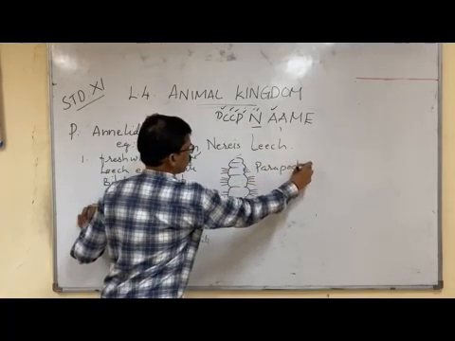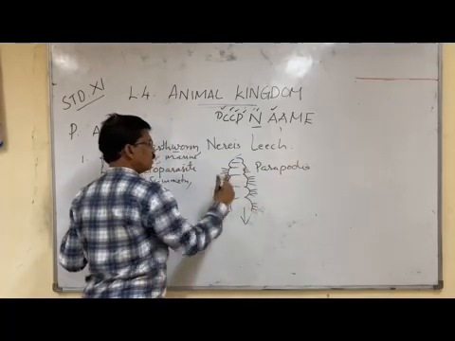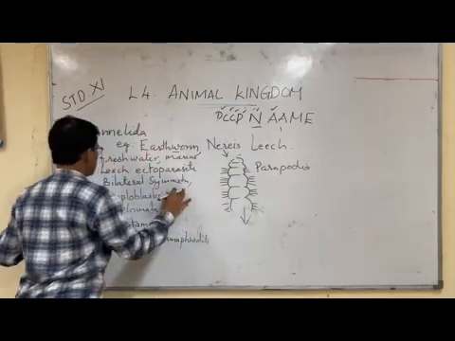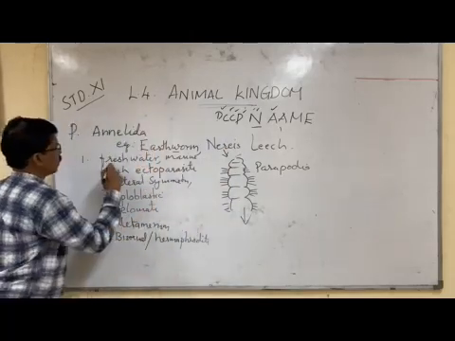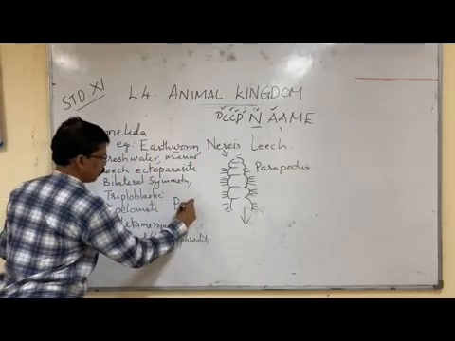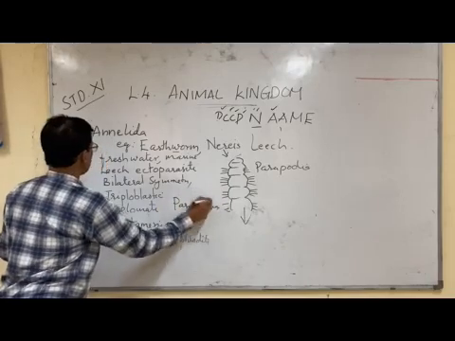Parapodia are locomotory organs. With the help of parapodia, Nereis can move forward or backward. So, the presence of parapodia is a very important feature of this organism.